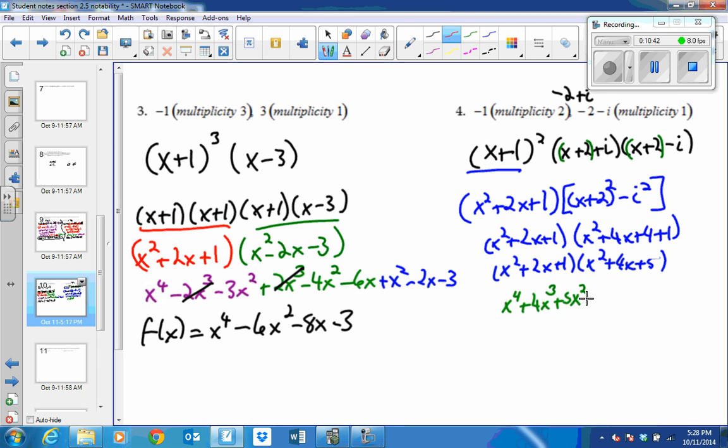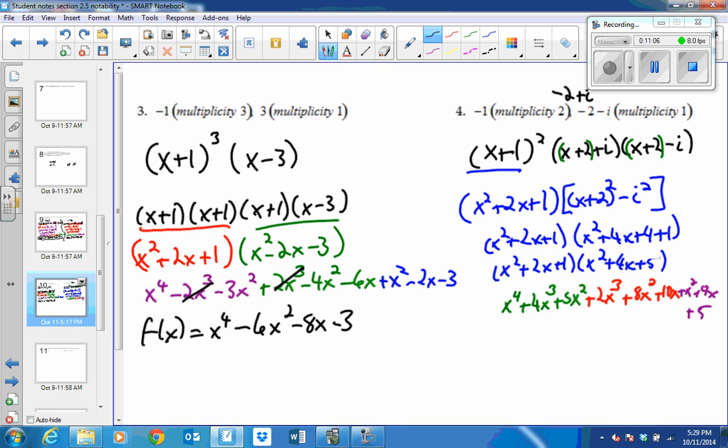And middle term times everything is going to be plus 2x to the 3rd plus 8x squared plus 10x. We're running out of room. And then plus x squared plus 4x plus 5. So I had to go down there a little bit.